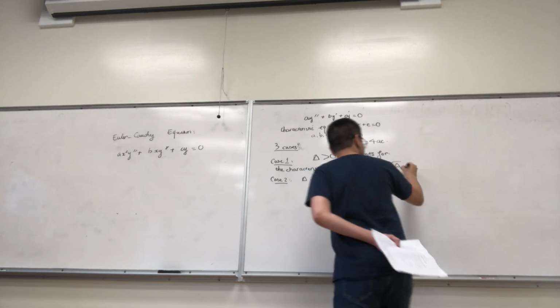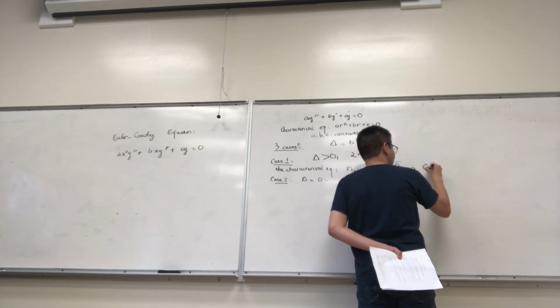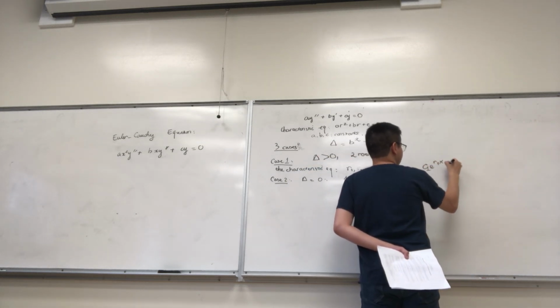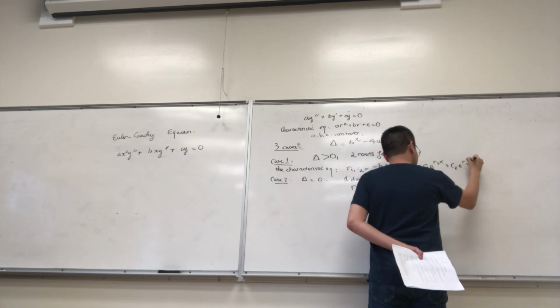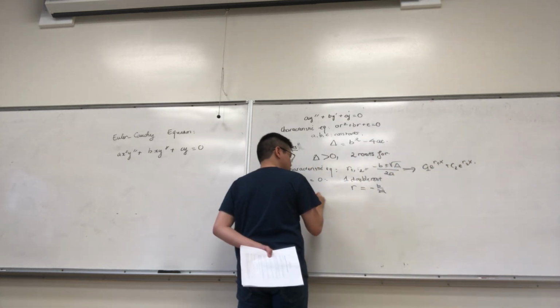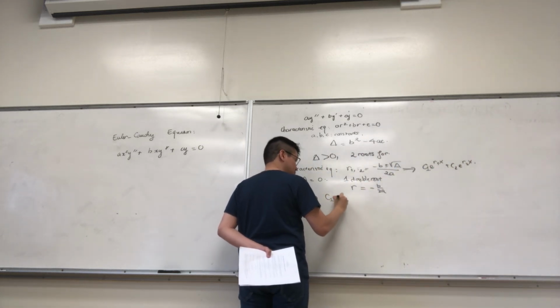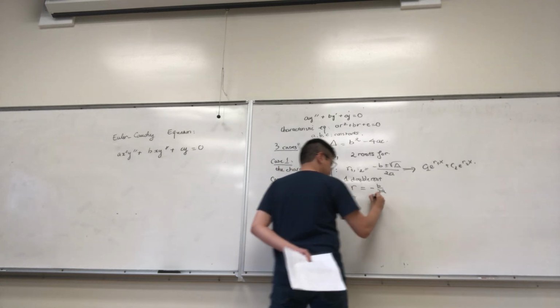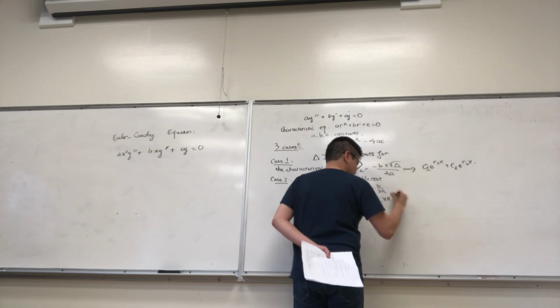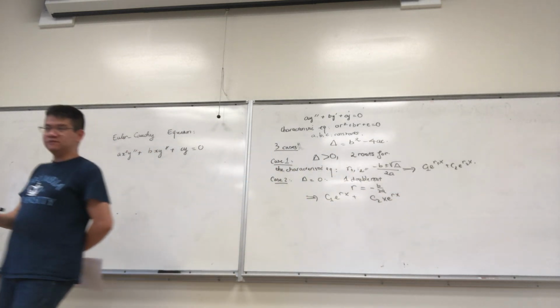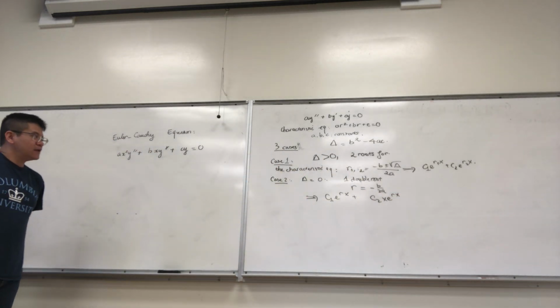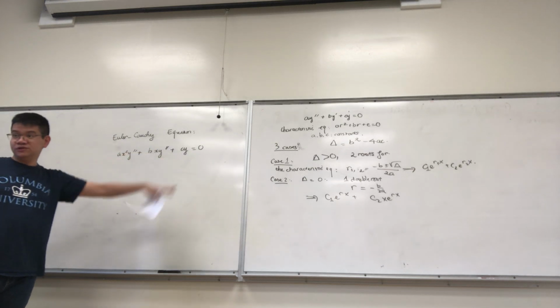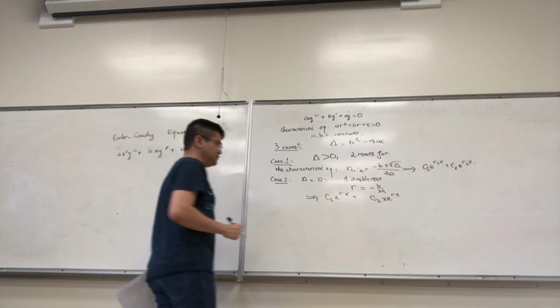In the previous case, the solution was c1 e to the r1x plus c2 e to the r2x. In this case, the solution will be c1 e to the rx plus c2 x e to the rx. And this is what we usually use, for instance, in the previous midterm.